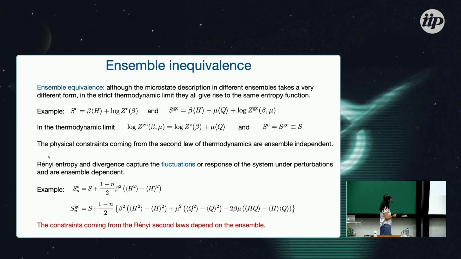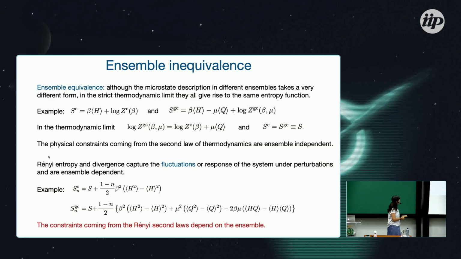On the other hand, Renyi quantities, such as Renyi entropy and Renyi divergence, do not only capture mean values, but they capture fluctuations. So they are sensitive to the response of a system under perturbation, and so are by definition ensemble dependent. This is just one example to make manifest this difference. This is the canonical Renyi entropy and the grand canonical Renyi entropy expanded to first order around n equal 1.